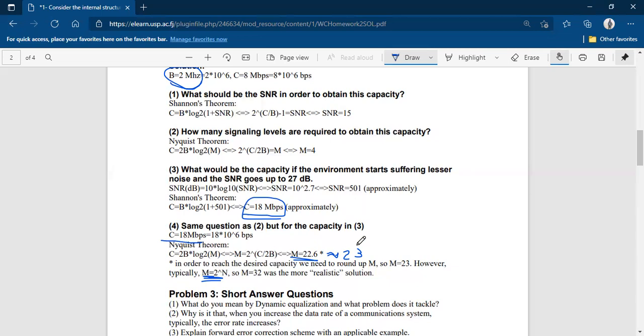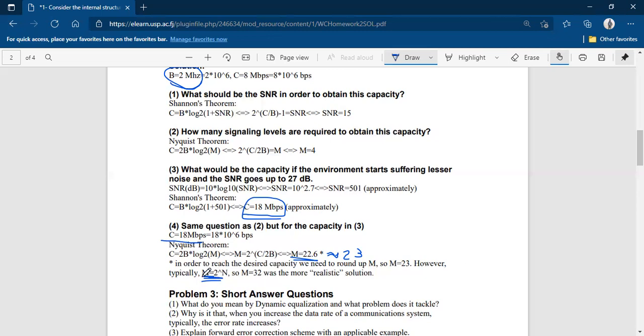So we have to see the nearest values. If we do 2 to the power of 5, we get 32. And if we do 2 to the power of 4, one digit less, we get 16.